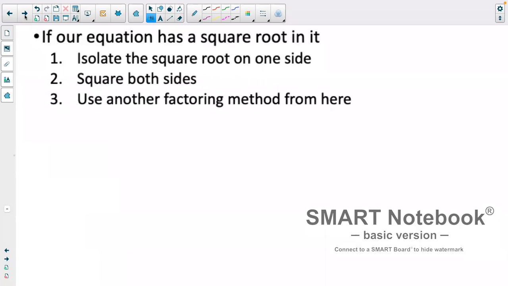If our equation has a square root in it, what we want to do is isolate the square root onto one side of our equation. So we get our square root on one side, move everything else to the other side. We then square both sides, and then from that point, we see what we have and determine which of our other factoring methods we can use.